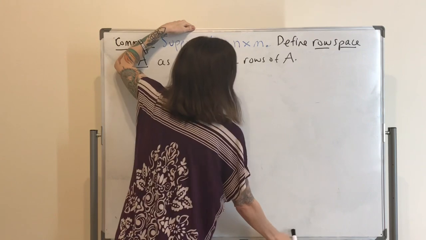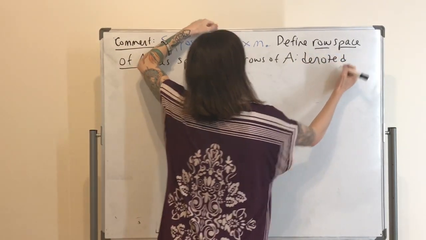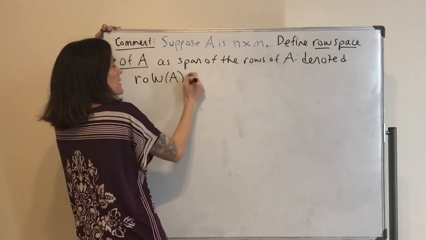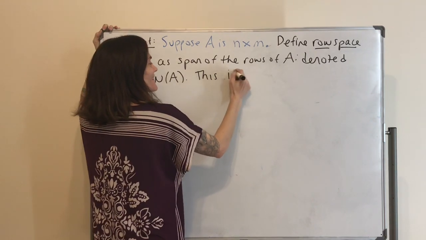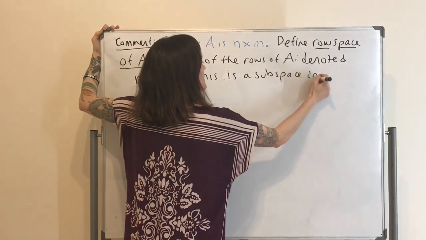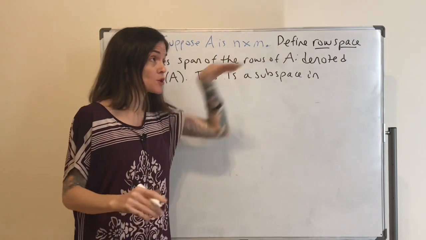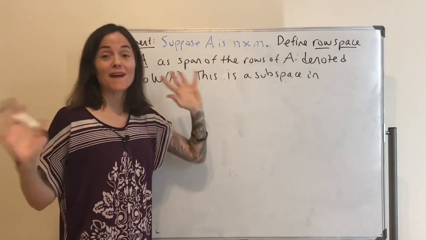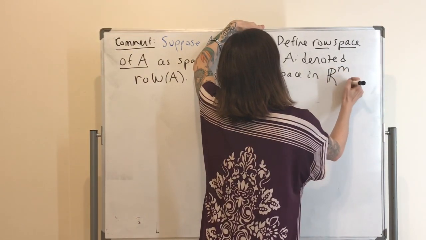This is denoted row of A. This is a subspace. Well, let's see. We have n rows. Each row lives in Rm because we have m columns. So this is a subspace in Rm.